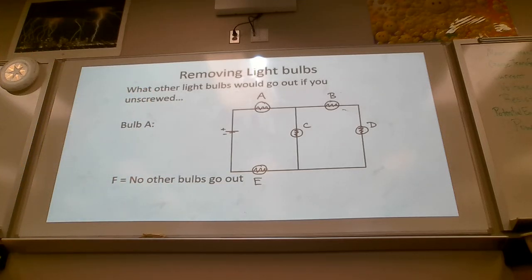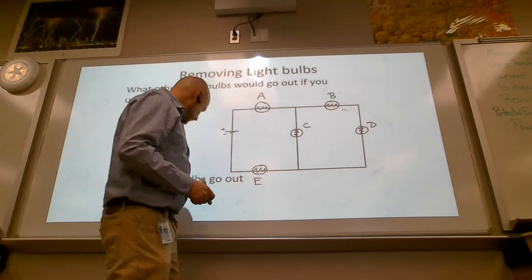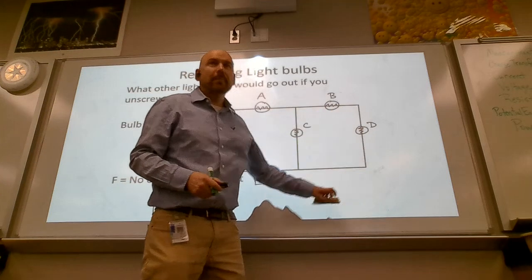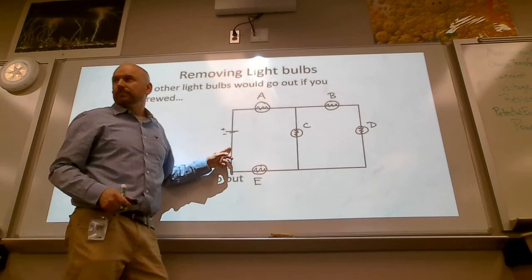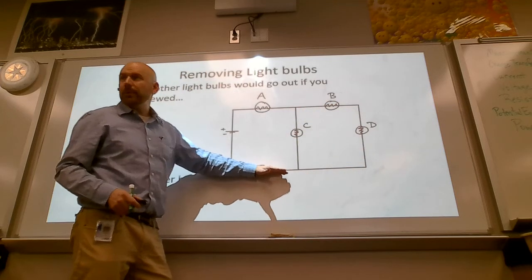I pulled out light bulb A. What other light bulbs go out? Everybody okay with all of them? Can't do this. The current's going 2 different ways in one wire.